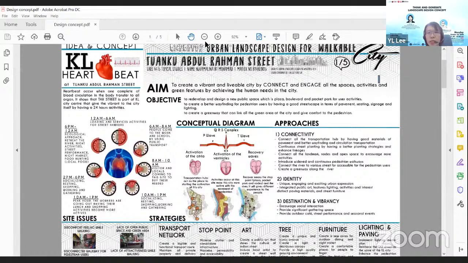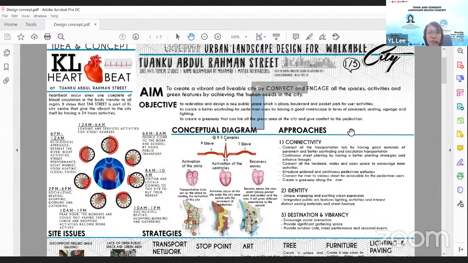Her main issue is walkability, and when she developed a concept, she looked at important issues here: connectivity, identity, destination and vibrancy. The idea when she developed a concept is more on problem solving mixed with analogy.